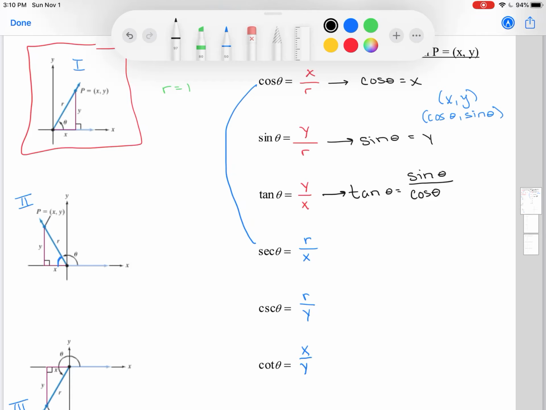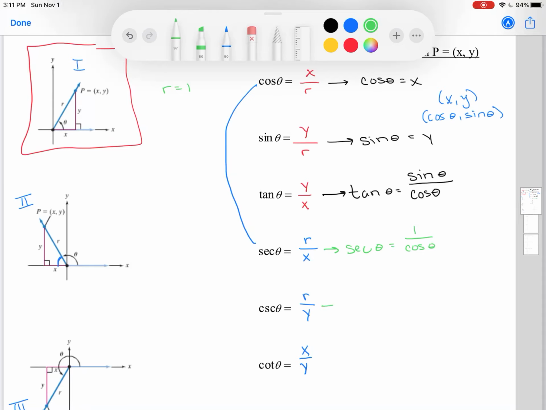I'm going to say tangent theta is now equal to sine theta, because that's my y, over cosine theta, because that's my x. So now we are going to understand that tangent is always sine over cosine. Every single time. It's still your opposite over adjacent, but now we're going to introduce sines and cosines and tangents.